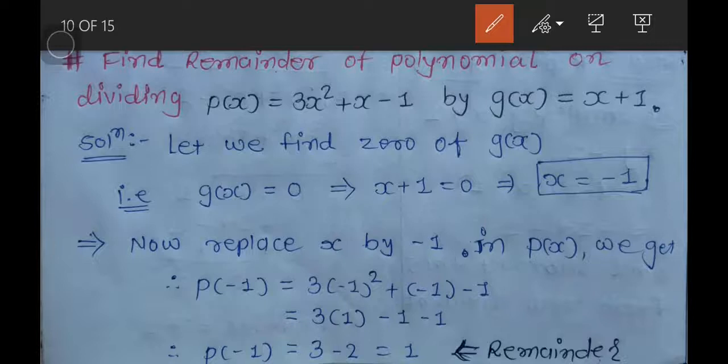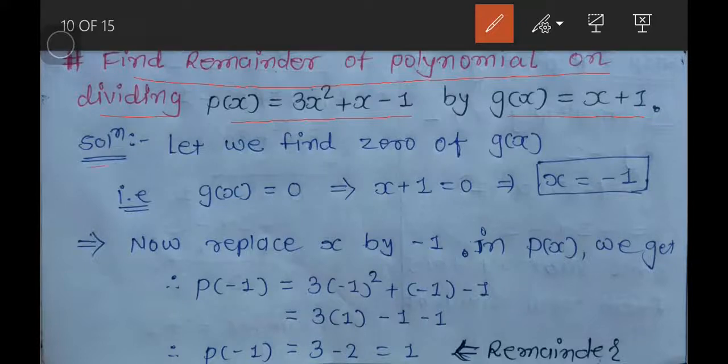But if we want to find only the remainder, let us take an example: find the remainder of the polynomial on dividing p of x is equal to 3x squared plus x minus 1 by g of x is equal to x plus 1. So how can we find our remainder directly?